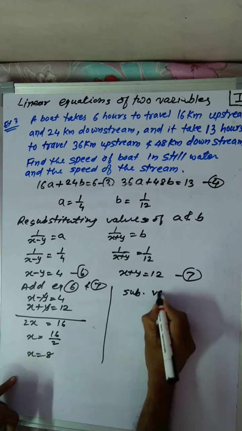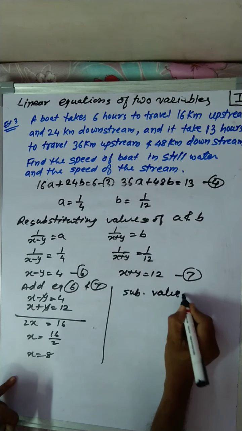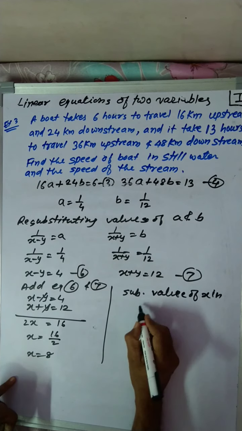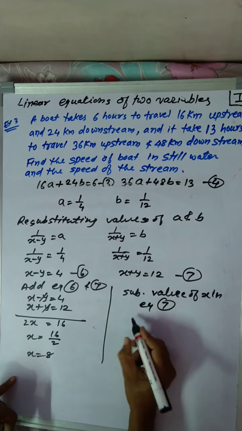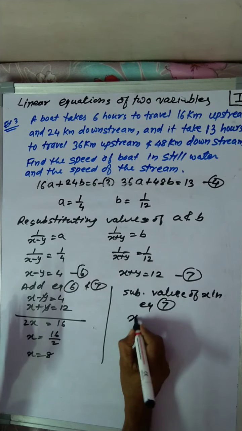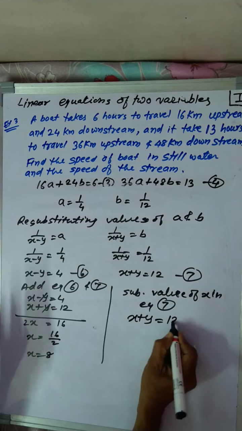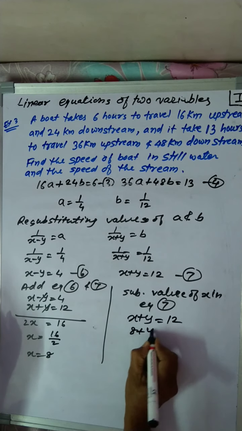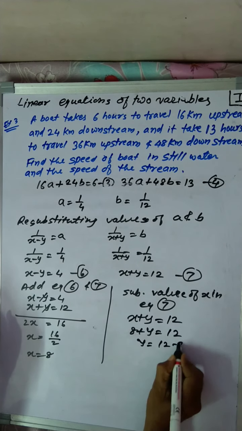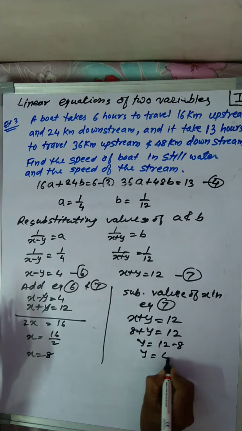Substitute the value of x in equation 7. We get x plus y is equal to 12. That means 8 plus y is equal to 12. Therefore y is equal to 12 minus 8. Hence y is equal to 4.